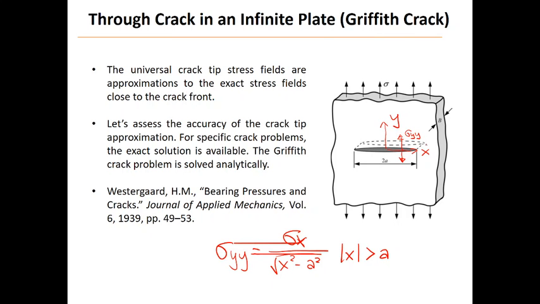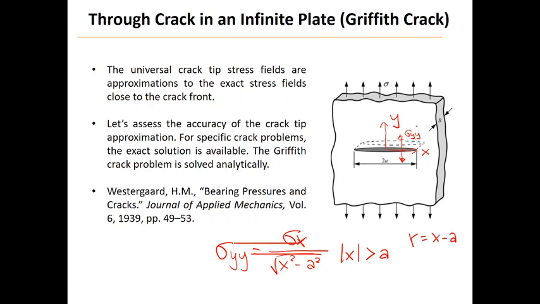Now, for sigma yy, x is any point measured from that origin. But that is not the same coordinate system we use in the universal crack tip stress field, because our origin is placed at the crack tip. So we just need to change the coordinate system by writing r to be x minus a.